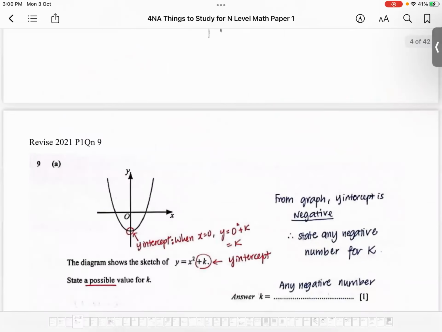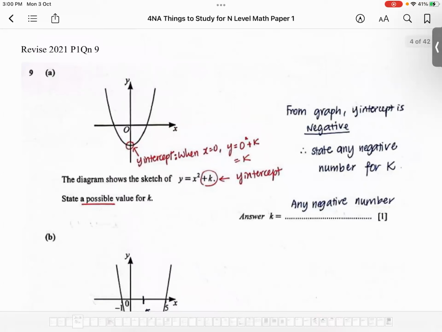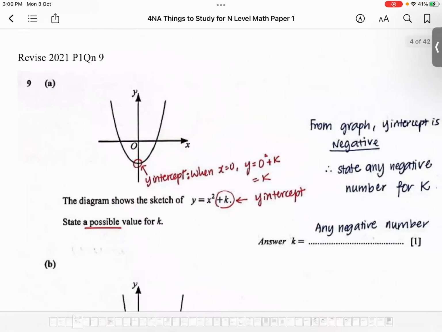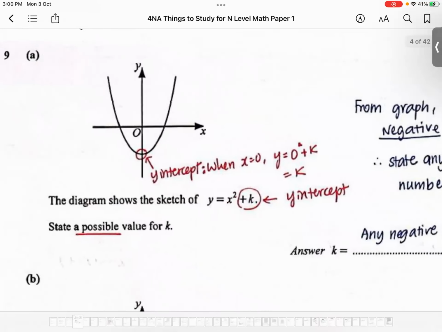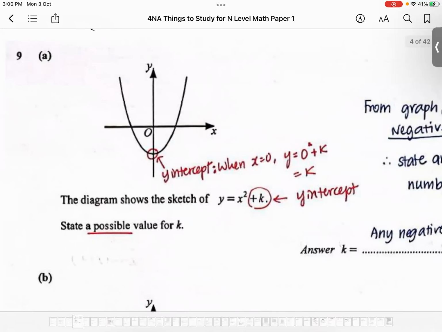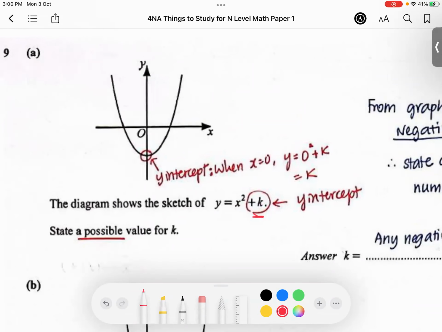Okay, for this one, just to highlight, this one is in the 2021 paper, a recent paper. This sketch, they already drew it for you, but they say it shows the y-intercept, the value k over here. This k is equal to the y-intercept. How do I know that? Because when x equals 0, I get y equals k.